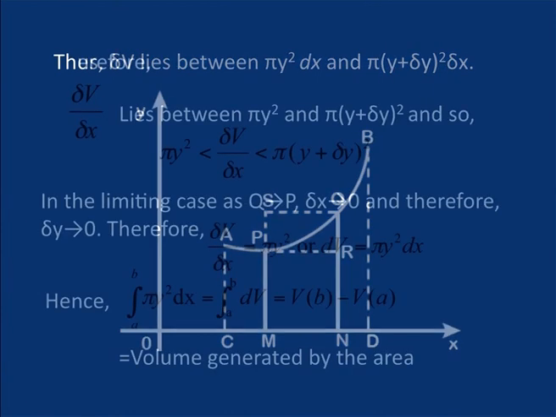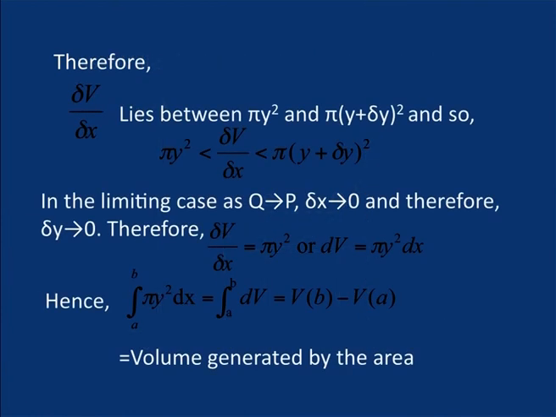dx. Therefore, delta V over delta x lies between pi y square and pi (y plus delta y) whole square, and so pi y square is less than delta V over delta x, which is less than pi (y plus delta y) whole square. In the limiting case, as Q approaches P, delta x tends to 0 and delta y tends to 0.